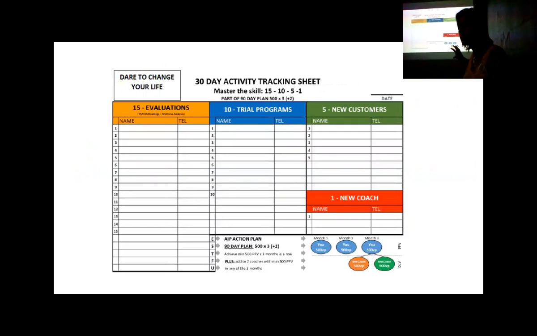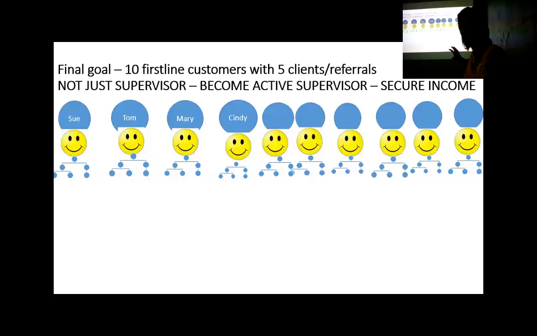And the 5 customers lead to 1 new coach. And basically with these 5 customers, you want to achieve that at the end of the day, you have 10 customers. First line means the people you have approached directly, friends or from a stand or whatever. And they get only a smiley.